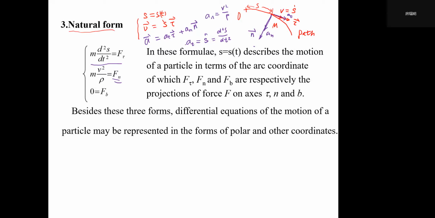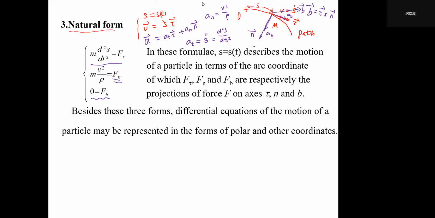The b direction always equals tau cross n, so with the right-hand rule we can find the b direction, because the acceleration never has a component along this direction. So this will always be 0.